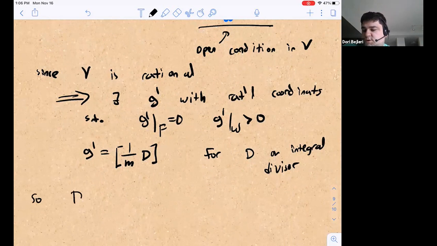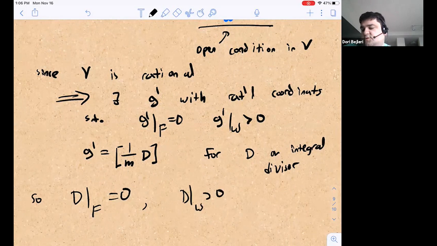So D restricted to F is 0. D restricted to W is strictly greater than 0.